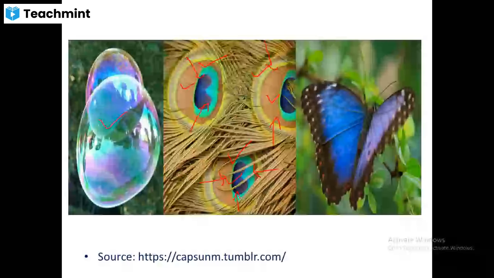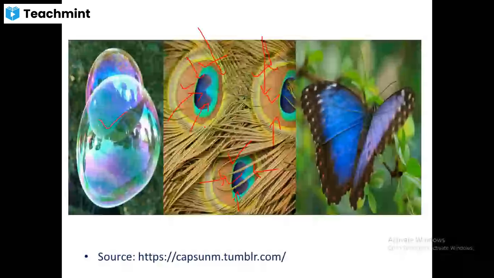This layer acts like a thin film, and whenever light falls on it, there is interference taking place on this thin film of the peacock feather. Once it undergoes interference, you are able to see different colors from different angles. A beautiful thing available in nature. It is mainly due to interference.